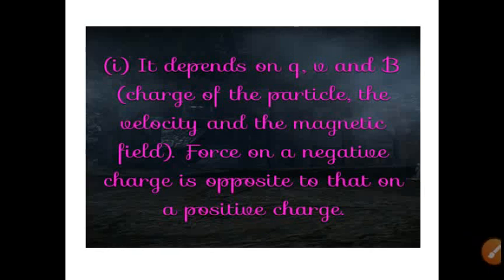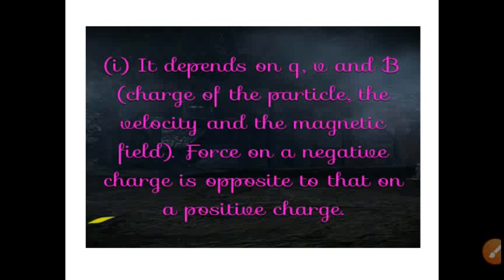Now, from the equation of magnetic force Fb is equal to QVB sin theta, we can say the force depends on Q, V and B. That is charge of the particle, velocity of the particle and a magnetic field. And force on a negative charge is opposite to that on a positive charge.